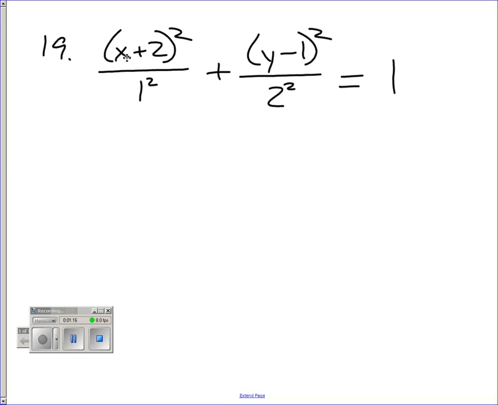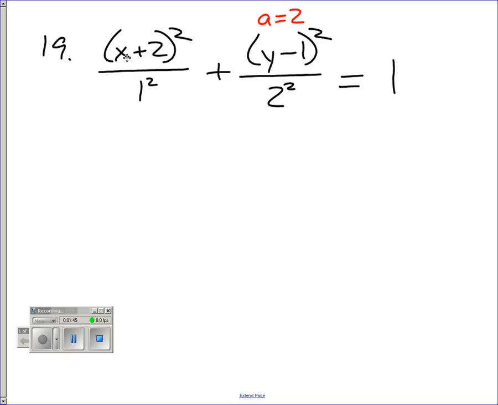Now, the very first thing that you've got to do is go through and tell me what A, B, and C are. So, what is A? A is 2 because it's the bigger number, and it just happens to be under the y term right now.